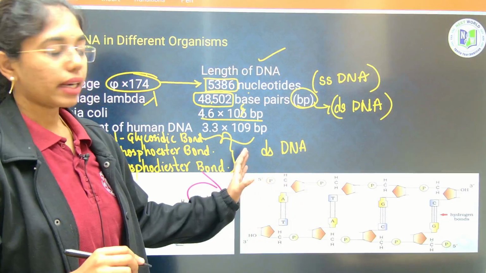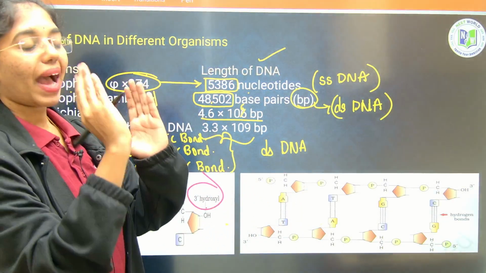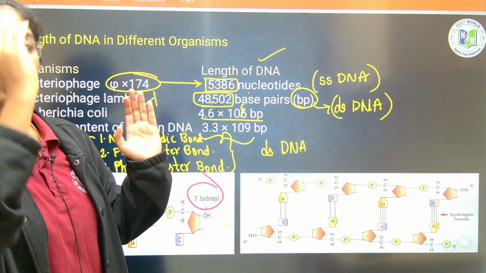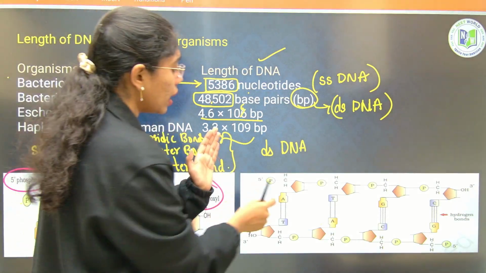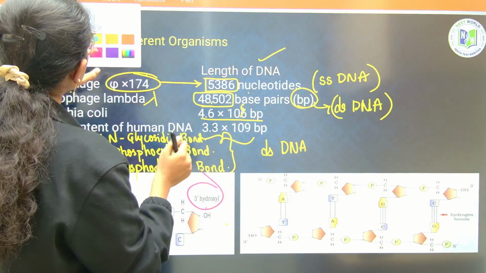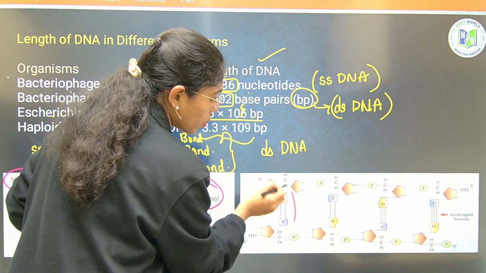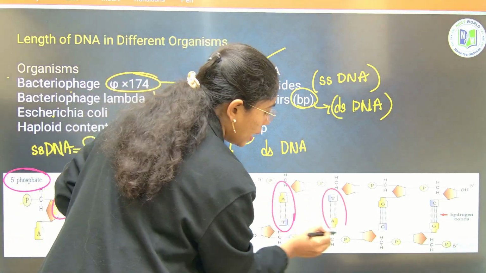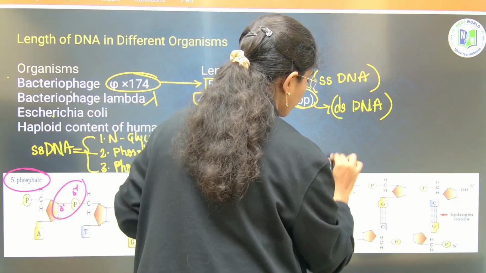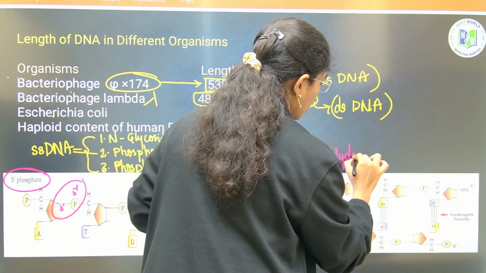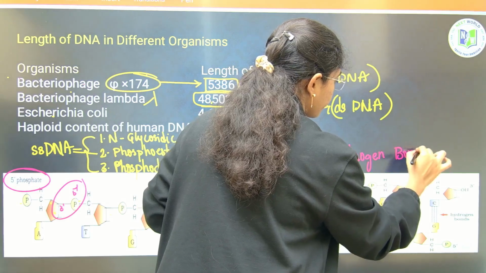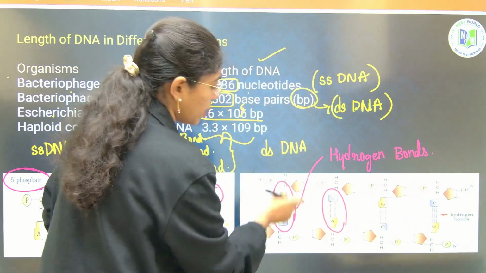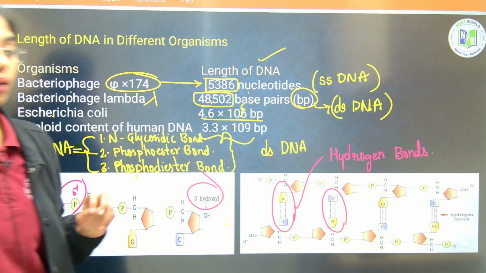you will see in a double stranded DNA that the backbone of the DNA has sugar phosphate groups. Internally the DNA has nitrogen bases. These nitrogen bases are connected to each other by hydrogen bonds. Nitrogen bases towards inside are connected by what?